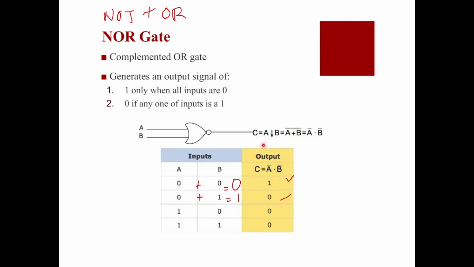The expression, as you can see, is C equals A plus B with the line on top, or equals not A dot not B.